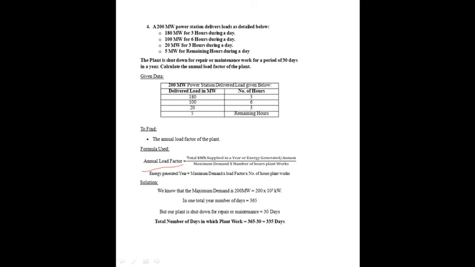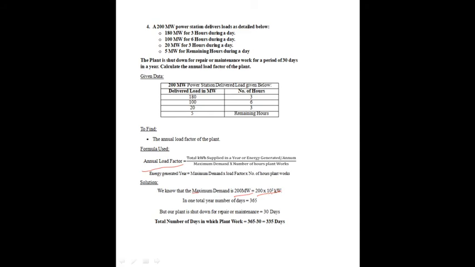Okay, so we know the maximum demand is 200 megawatt. So in kilowatt it is 200 into 10 power 3 kilowatt.